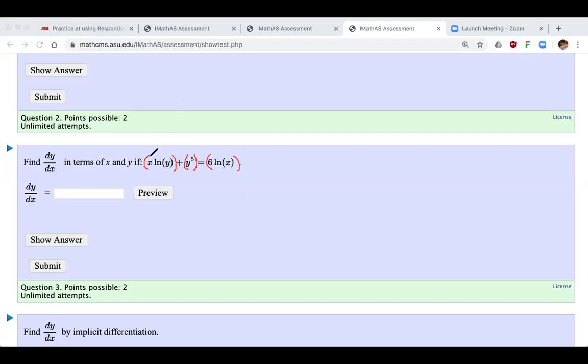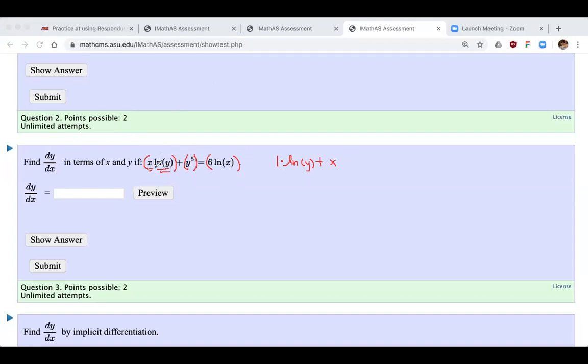Now notice this first part, I have x times natural log of y. I've got a linear function multiplied onto a natural log function. So I have to use product rule. So the derivative of x with respect to x times the original natural log of y plus other way around, the original x times the derivative of natural log of y with respect to x.